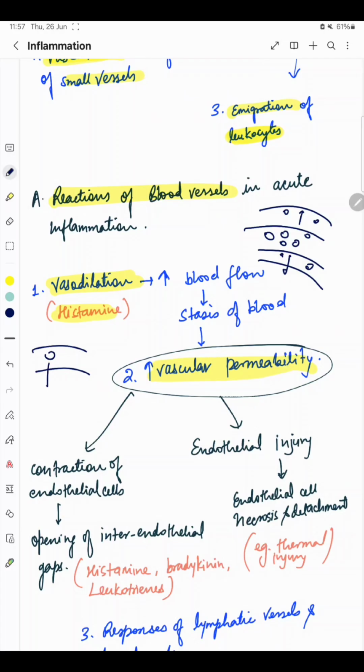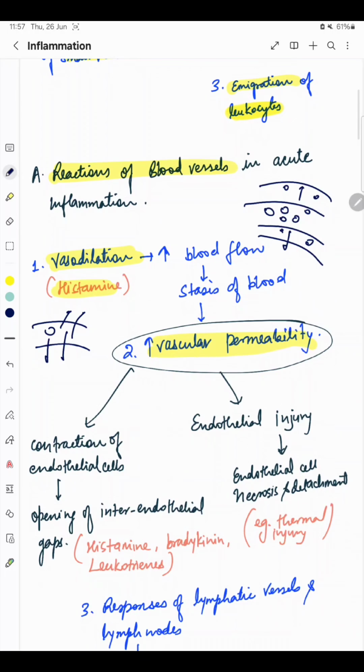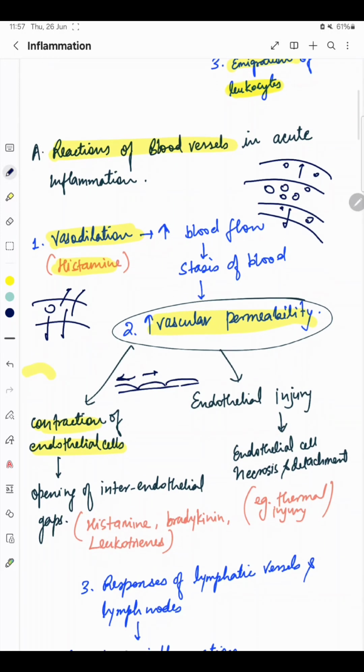There are two mechanisms of increased vascular permeability. One is by the contraction of endothelial cells. As we know, the blood vessel is lined by endothelial cells. Whenever there is contraction of these endothelial cells, there is an increase in the interendothelial gap, resulting in increased vascular permeability.